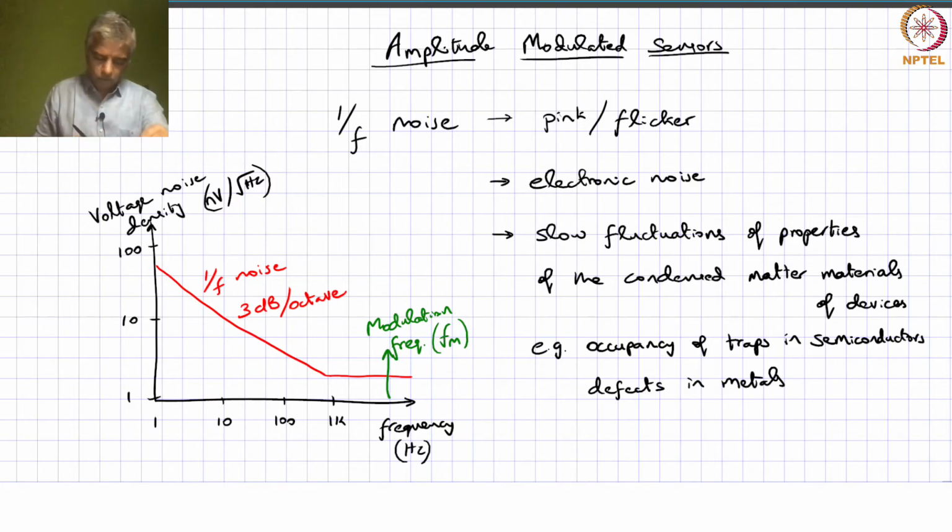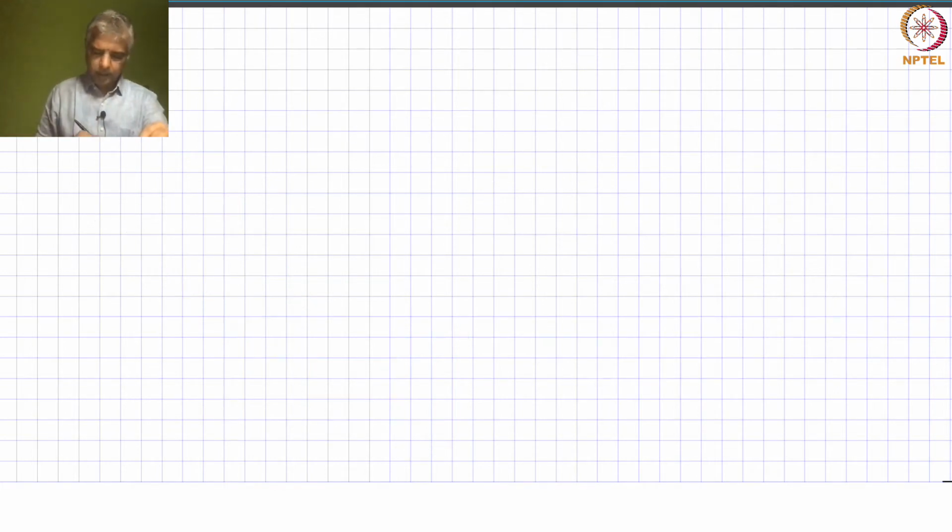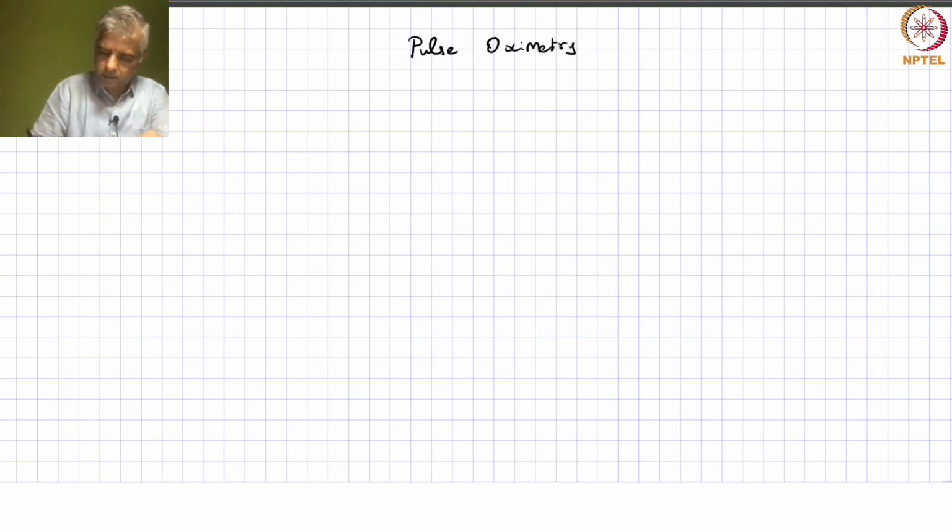So let us actually move on to look at another example of an amplitude modulated sensor, and this example is what's popularly known as pulse oximetry.